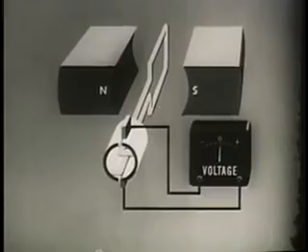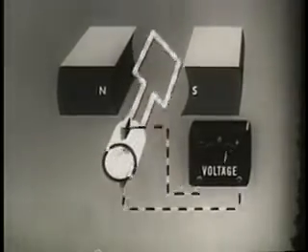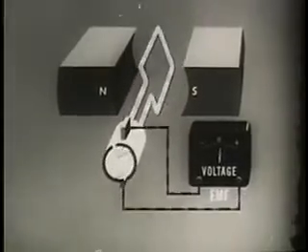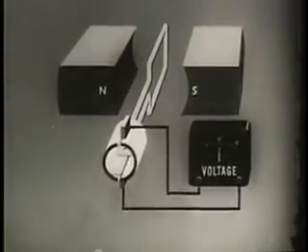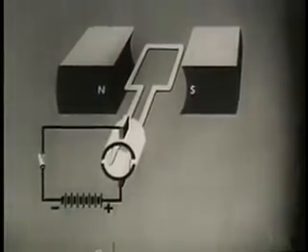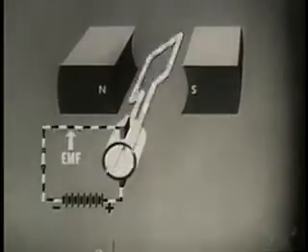We saw earlier that when a conductor is moved by mechanical energy in a magnetic field, an EMF is generated. This is generator action. In the DC motor, when rotation is desired, it is necessary to apply an EMF to the conductor.